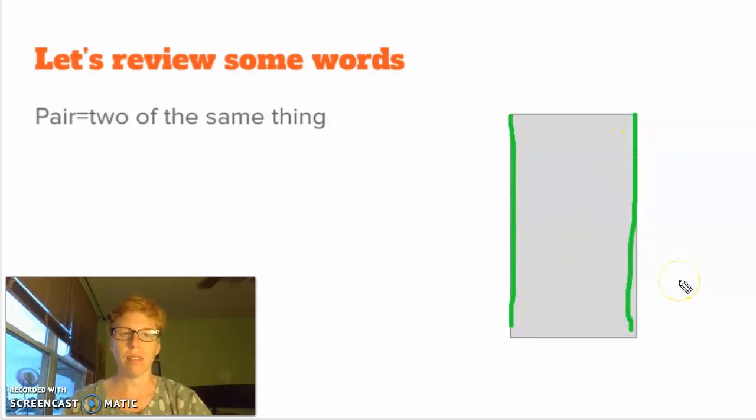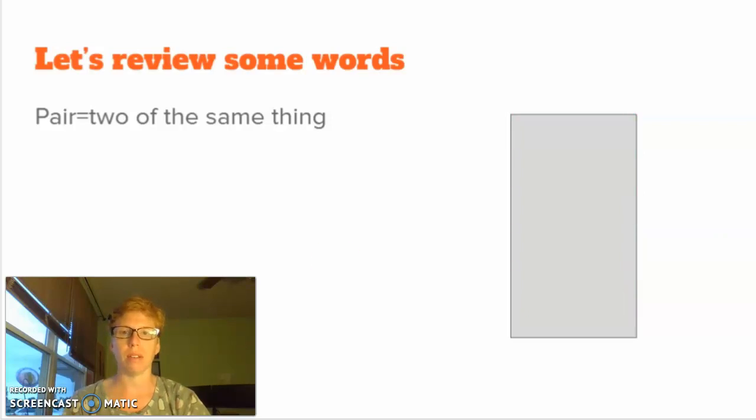There, I have colored the left side and the right side. Both those sides are the same, right? That's a pair, two of the same thing. So when I'm talking about pairs, that means two. Remember that. Pair means two.